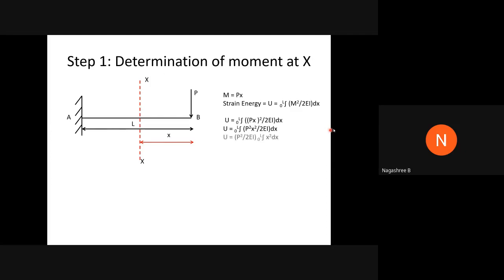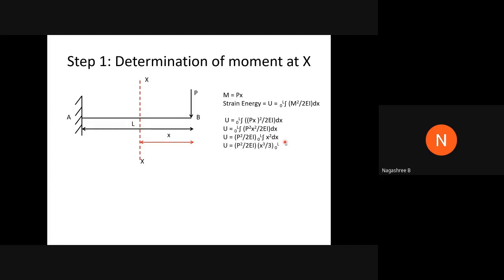Now I take P square divided by 2EI as common. Then I integrate x square dx within the limits 0 to L. Integration of x square with reference to dx will be equal to x cube divided by 3.